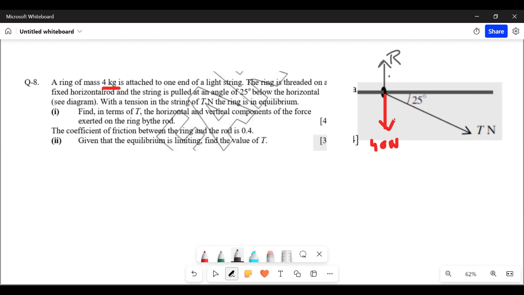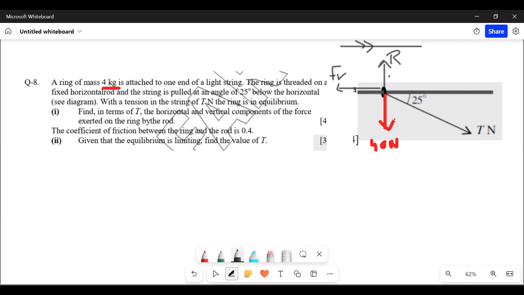And then there's going to be a frictional component, which, since the pull is towards the right, when it moves, it'll be moving towards the right. So in this direction, you have mu R, or friction. Find in terms of T. So you have to give these components in terms of T. Okay, so let's do that.